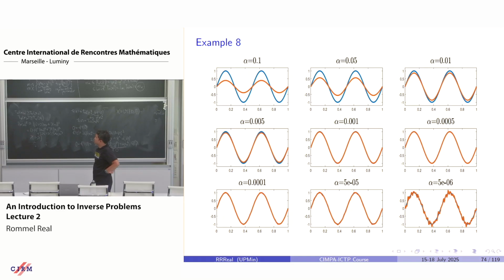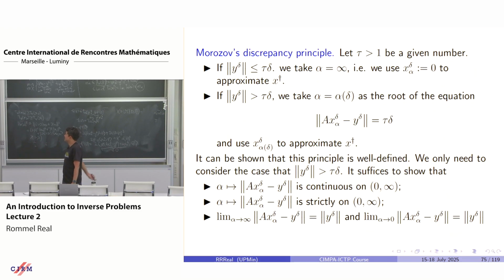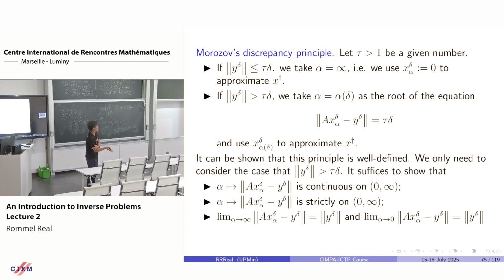But what if you use that same alpha on another problem with different data and it doesn't give you a nice solution? Then you have a problem. So what completes a regularization method is a method to fine-tune the regularization parameter. And that's actually the spirit of this lecture. We want to focus on how to fine-tune the regularization parameter.